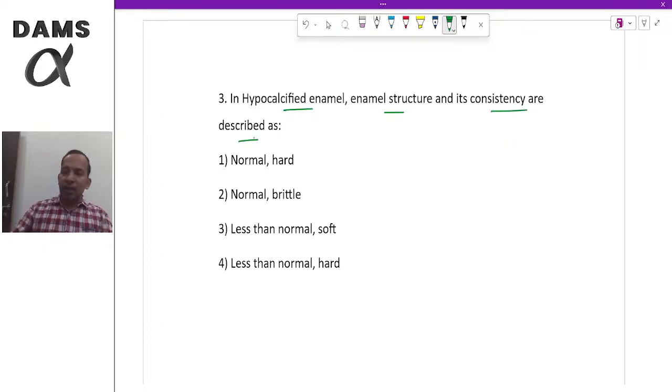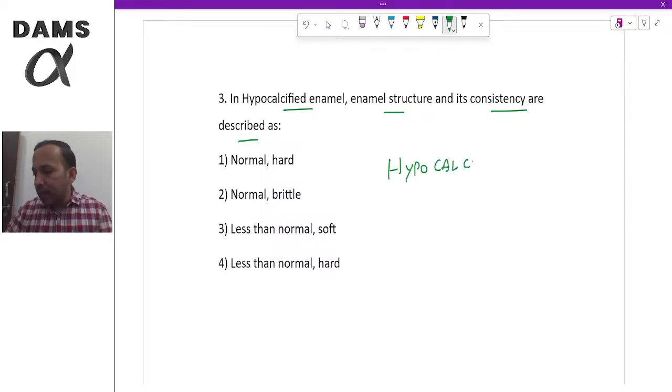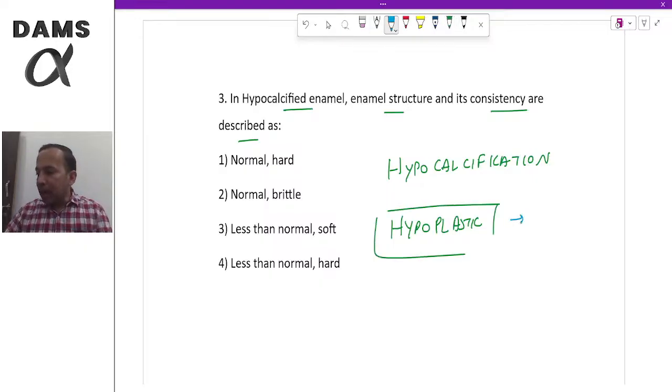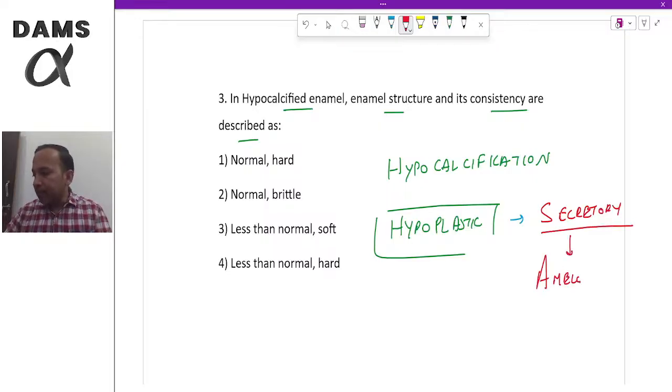So now there are two terms, isn't it? One is hypocalcification and the other one is hypoplastic, right? So what is the difference between hypocalcification and hypoplastic? When you say hypoplastic, it implies a defect in the secretory stage of amelogenesis, right?